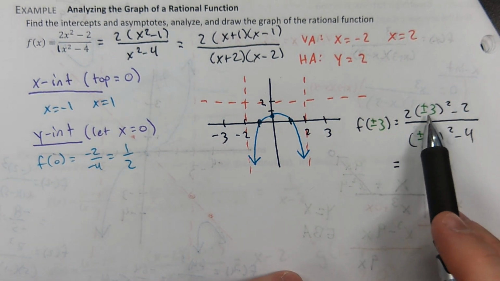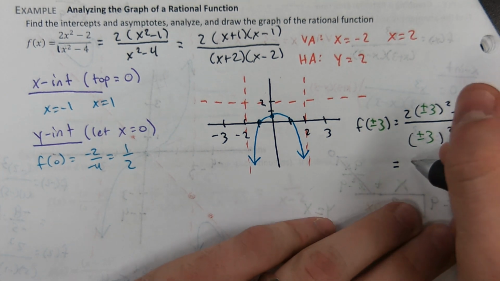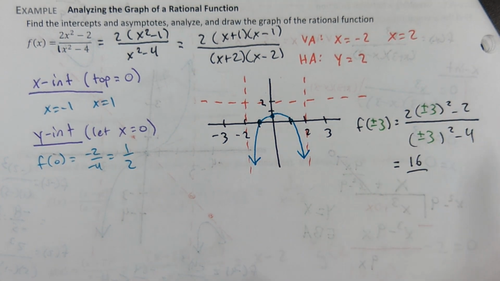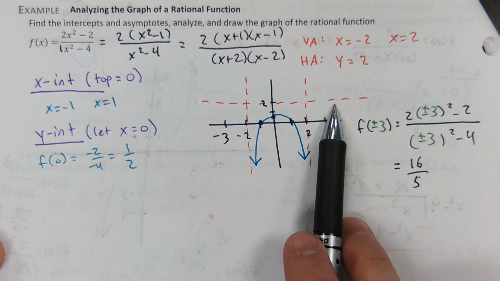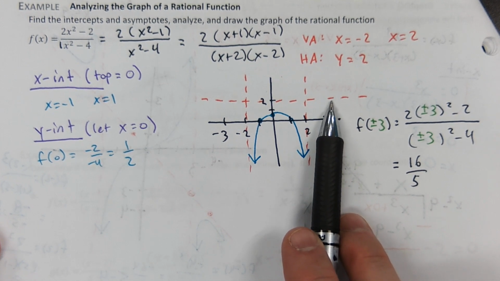So this is 2 times 9, which is 18, and 18 minus 2, which is 16. And 9 minus 4 is 5. Now look, I don't really care what the value of this is. What I really care about is above 2 or below 2.